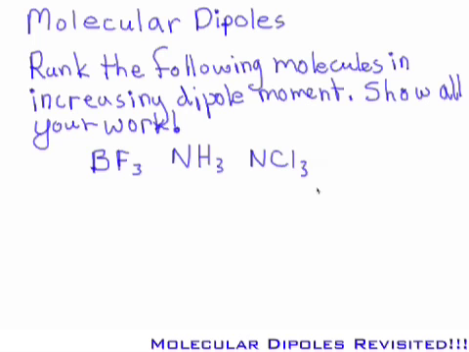And to get lone pairs, that means I have to do the Lewis structure. So this really is a tricky question. It's loaded because saying show all your work means I've got to find the Lewis structures, build up the structure, figure out the hybridization, put in the dipoles, add the vectors, and see what happens for each. So we've got BF3, NH3, NCl3. Let's begin and do this.